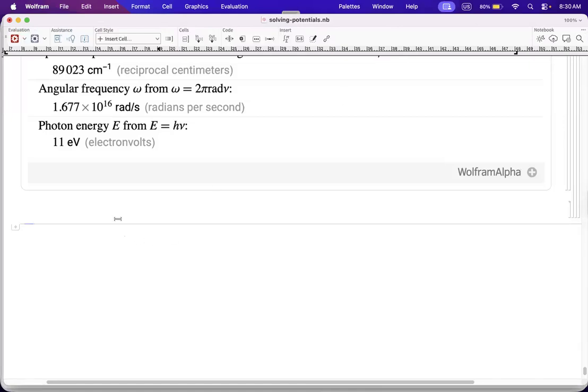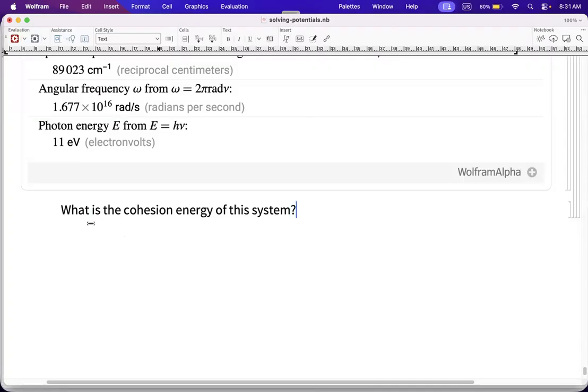So the next thing that we have to infer is, what is the cohesion energy of this system? Remember, this system has 10 electrons.